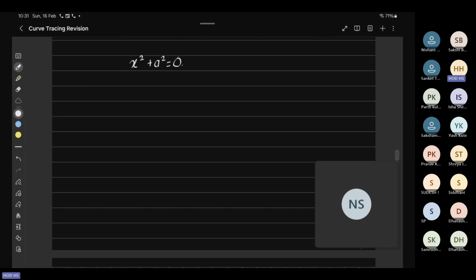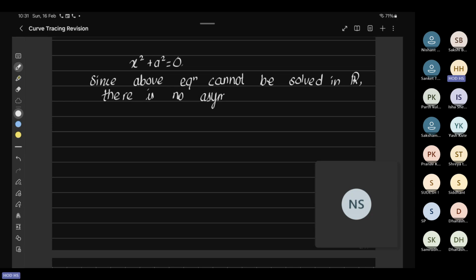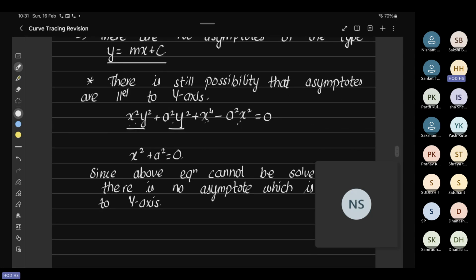Since the above equation cannot be solved in R, there is no asymptote which is parallel to the y-axis.